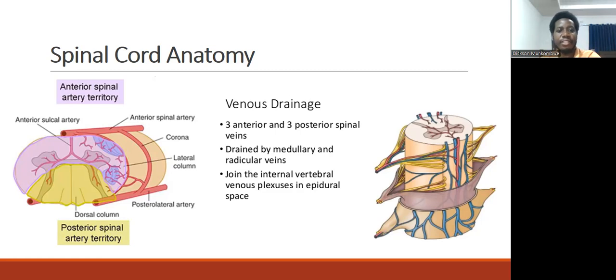And the venous drainage has 3 anterior and 3 posterior spinal veins. They are drained by the medullary and radicular veins, and they join the internal vertebral venous plexuses in the epidural space. So this vascular anatomy is especially important when it comes to stroke syndromes of the spinal cord. So do remember that the anterior spinal artery is unpaired and the posterolateral arteries are paired.